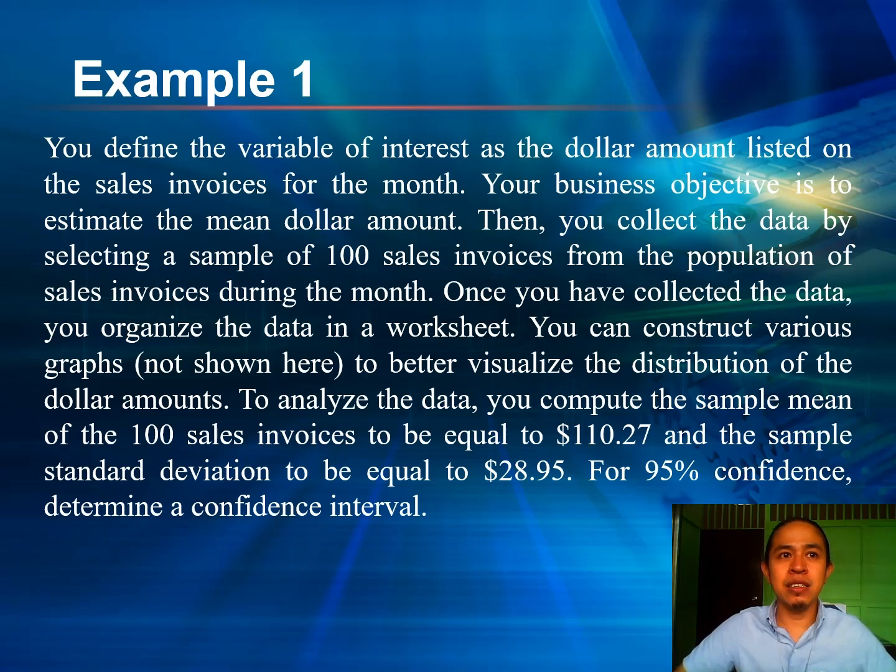To analyze the data, you compute the sample mean of the 100 sales invoices to be equal to $110.27, and the sample standard deviation is equal to $28.95. Now, for 95% confidence, determine a confidence interval.